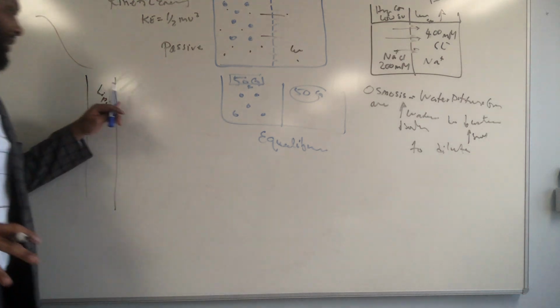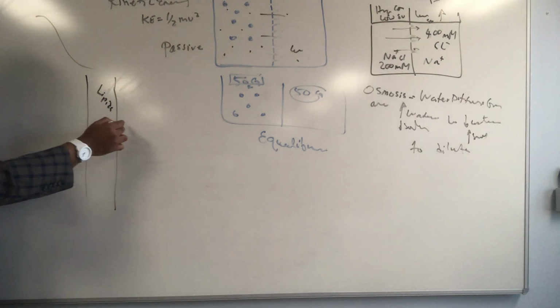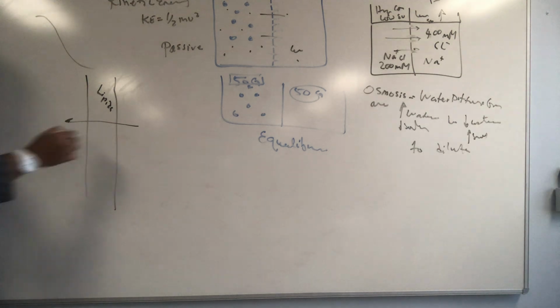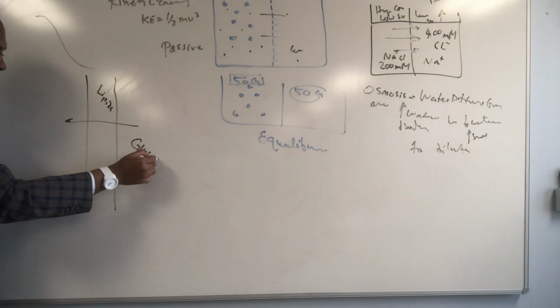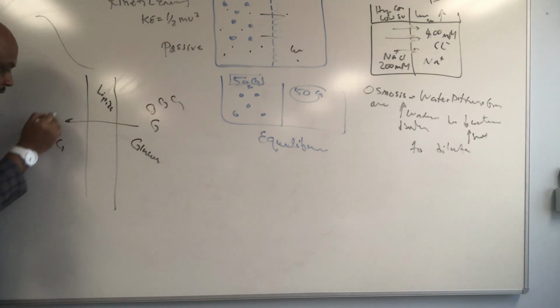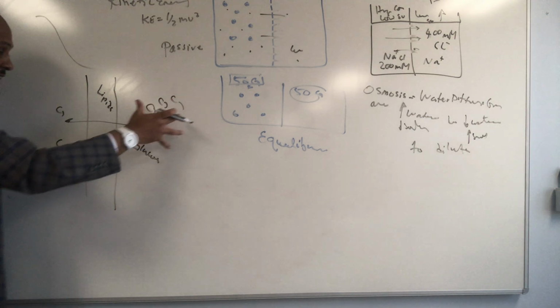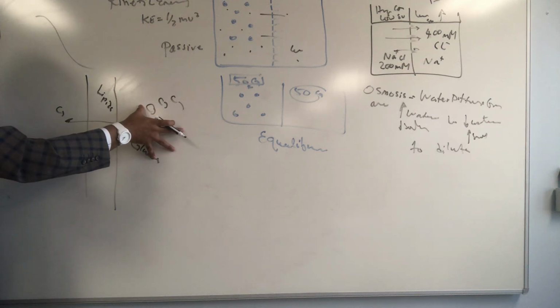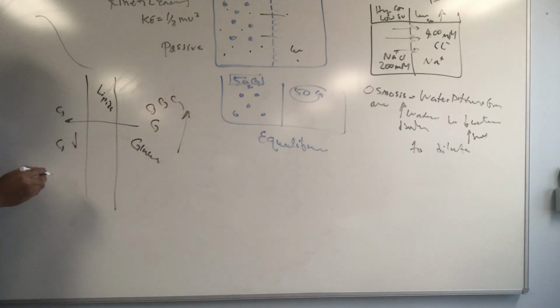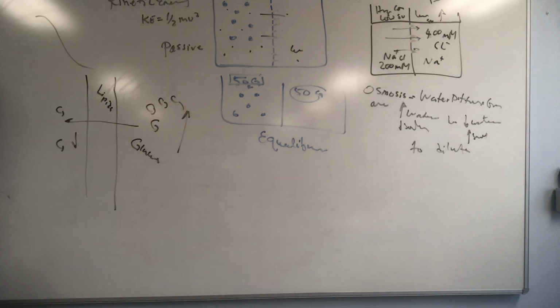So here, if you have cholesterol, it can pass easily. But glucose, even though there is a lot of glucose outside and a little bit of glucose inside the cell, even though there is kinetic energy, even though there is a diffusion gradient from high to low, it cannot cross.